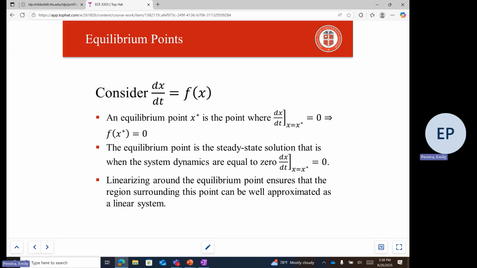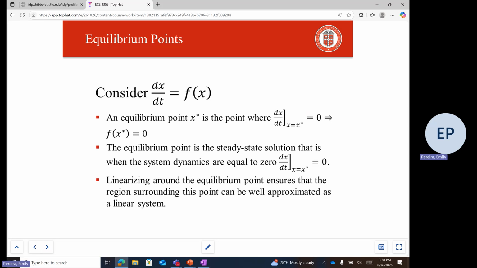Assuming that our function is evolving in time according to this equation, where dx/dt, our variable x, is evolving as a function f, and its derivative is equal to f of x, then the operating point is exactly where this derivative is equal to 0, which means that we're going to set this function equal to 0.